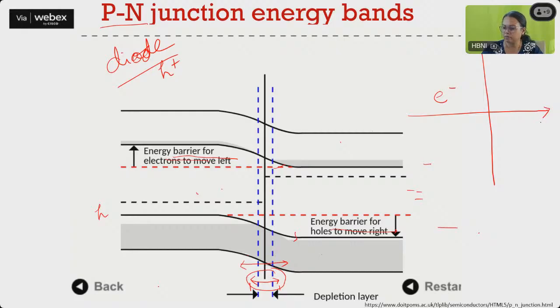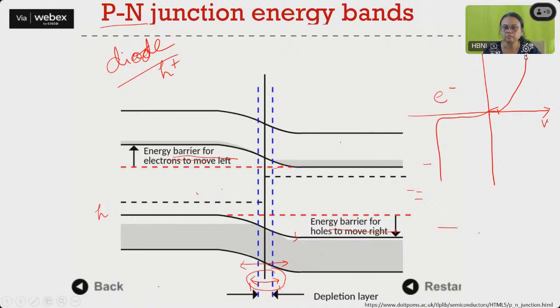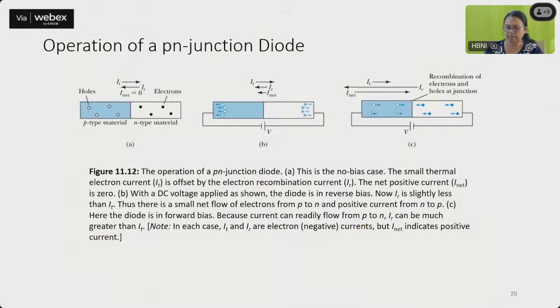If this is V, this is I. In the positive direction, some energy barrier is there, and then it starts conducting, whereas in reverse bias the current is very small, and then there will be breakdown. Some energy is always required, that is the energy barrier. So this is the diode characteristic.